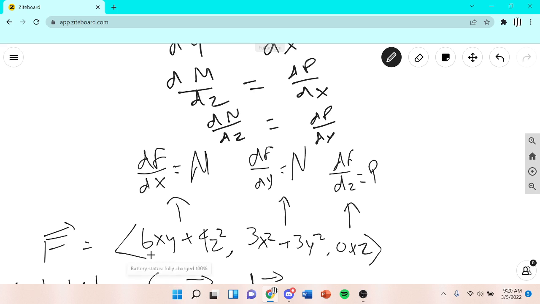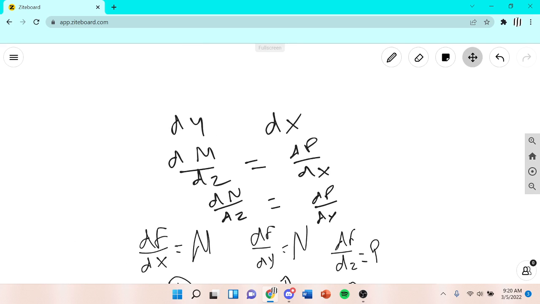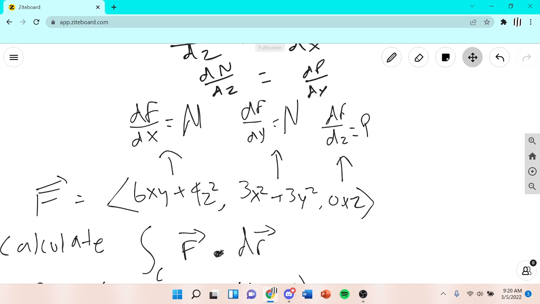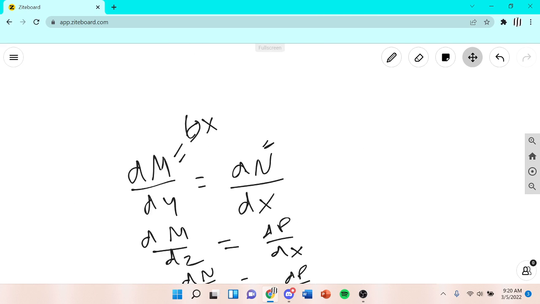The partial derivative of this term with respect to y will become 6x, so this is equal to 6x. Then with respect to x, the second term here won't matter as there's no x, and this will become 6x as well. So this is true, they're both equal.